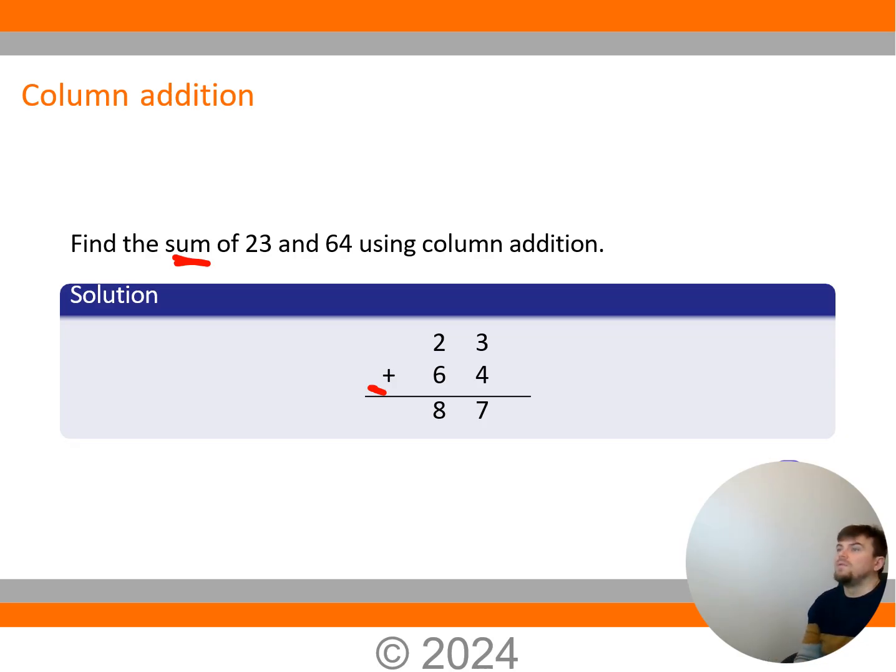We need to get the ones in the ones column and the tens in the tens column. So here we have 3 add 4, which is 7, so we have 7 ones. 2 add 6 is 8, so we have 8 tens, and 7 ones gives us 87.